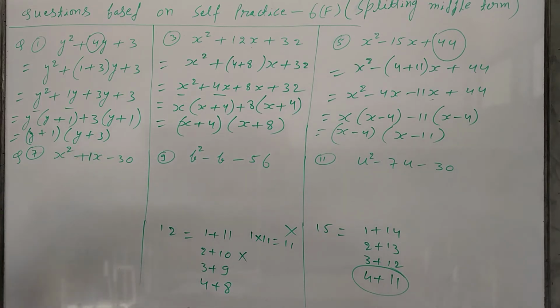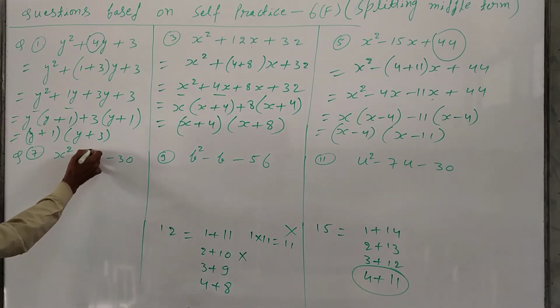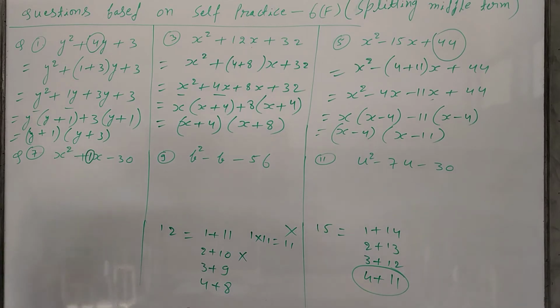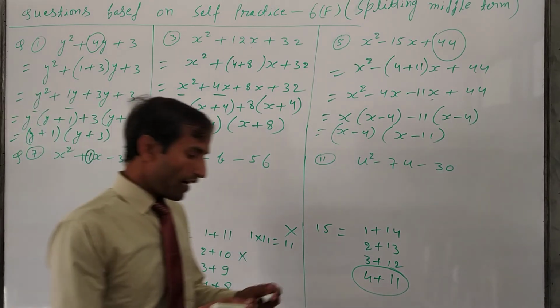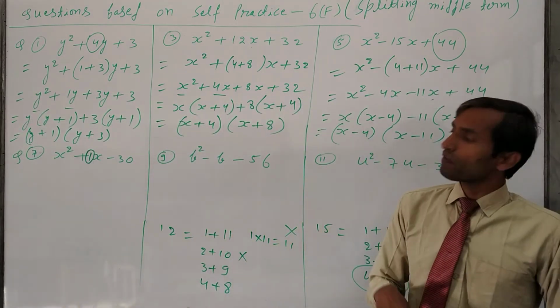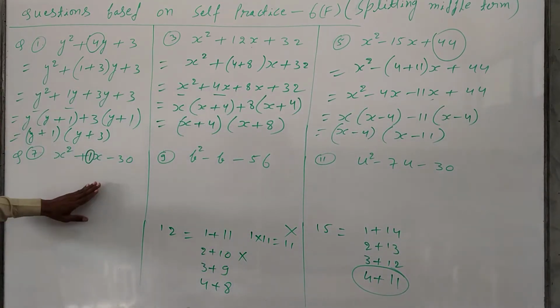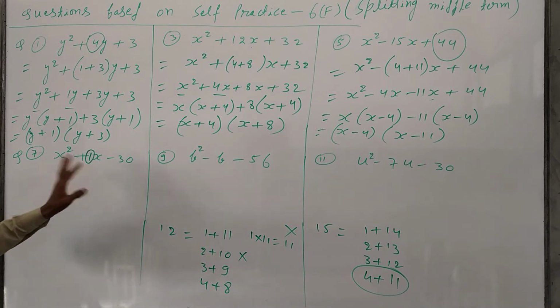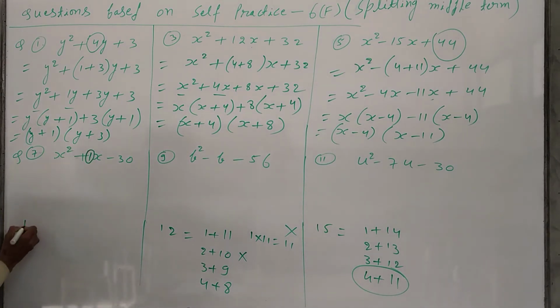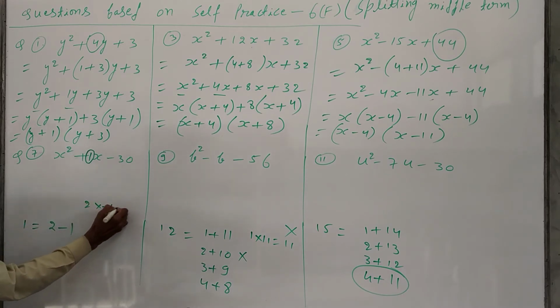So now how should we make a splitting of 1? Then the multiplication should become 30 and the addition or subtraction should be 1. Okay, so here it is not addition, surely here it will come subtraction only. So in place of 1 we can write maybe 2 minus 1, but if we multiply 2 into minus 1, it will not come 30, it will come minus 2.